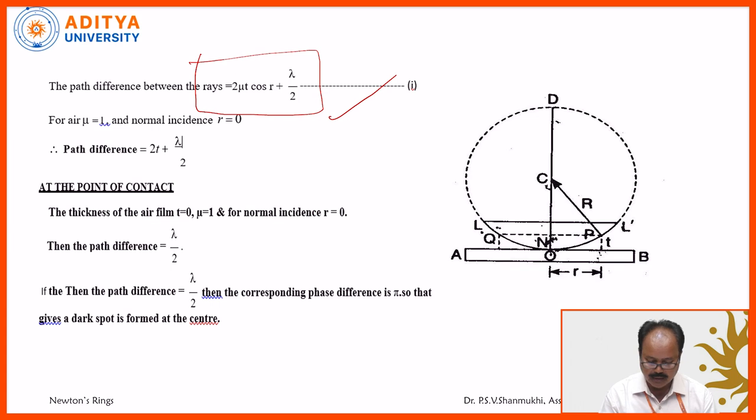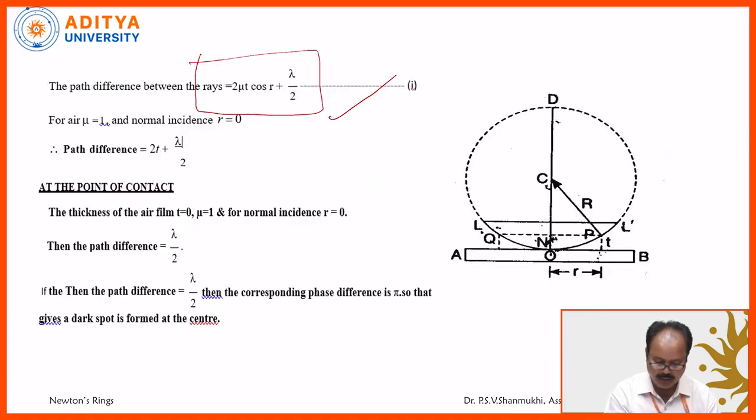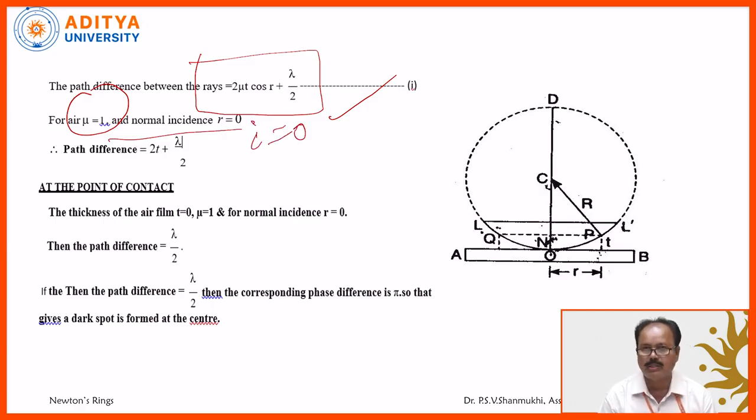And here the air film is taken between the plano-convex lens and plain glass plate. This is the air film. So, for the air film, the refractive index mu is equal to 1. And also the light is incident normally. In case of normal incidence, i equals 0 and r equals 0, so cos r equals 1.